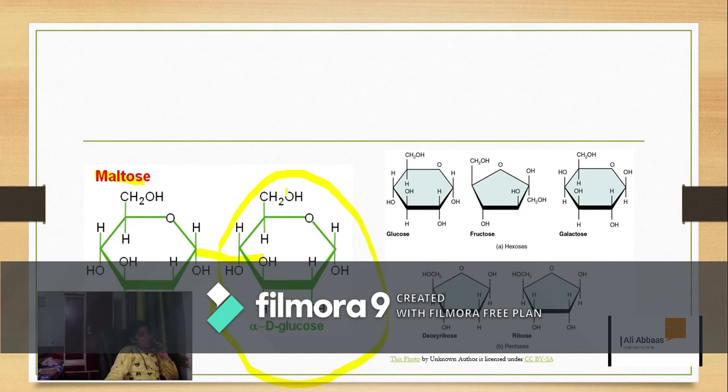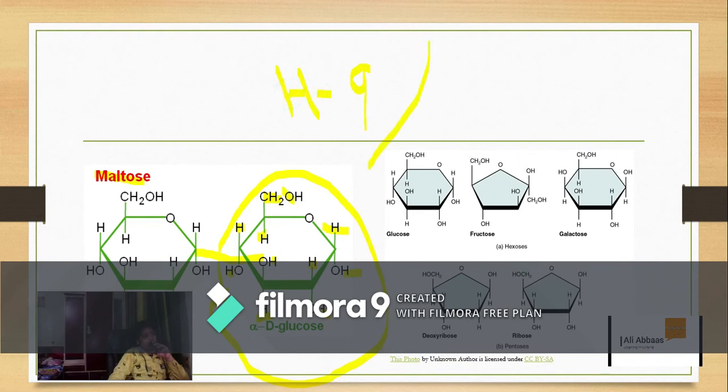There is a CH2OH, so you can see there are 2 hydrogens for 1 oxygen. Let's count all the hydrogens: 1, 2, 3, 4, 5, 6, 7, 8, 9. There are 9 hydrogens.